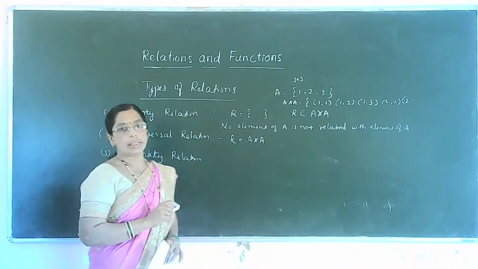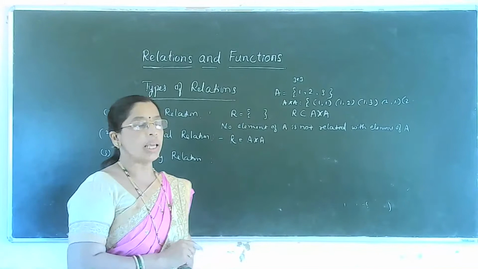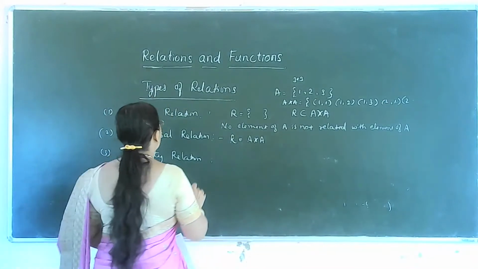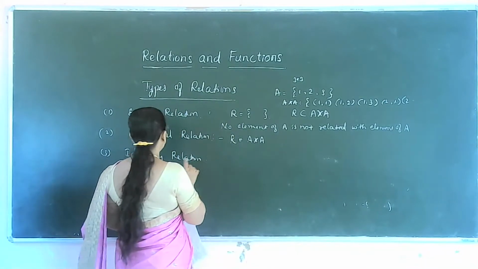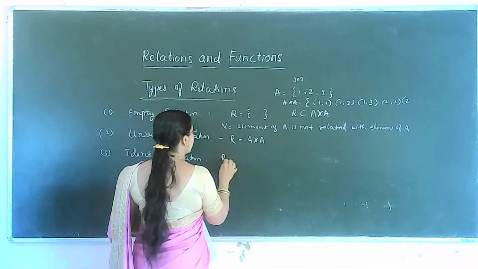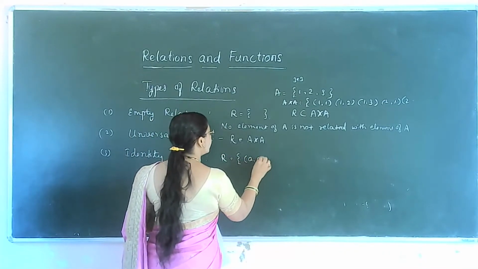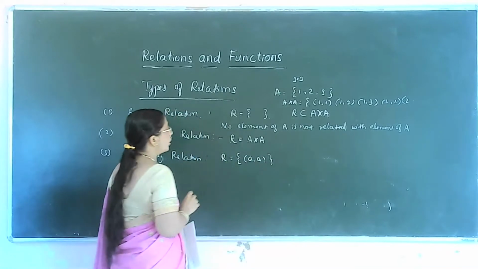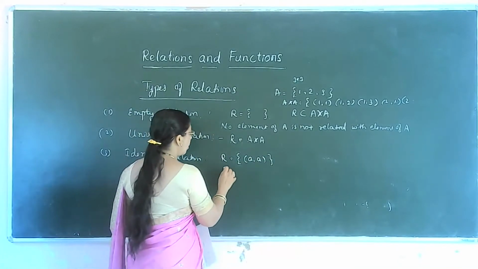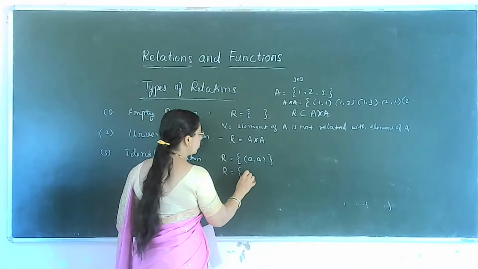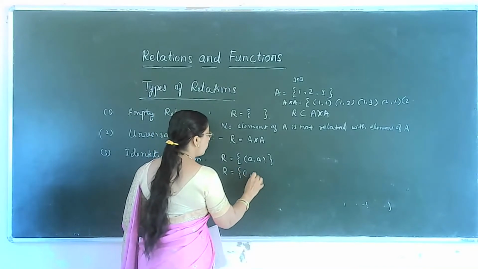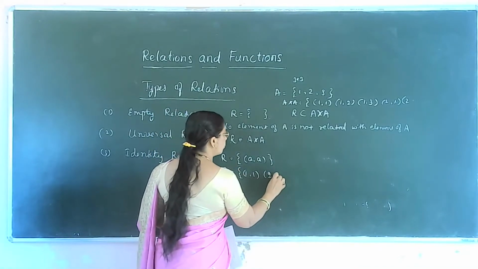Here, identity relation. I think this one is an extra relation I gave in the video. Identity relation is equal to (a, a). It's an identity relation. Or R is equal to {(1, 1), (2, 2)}.